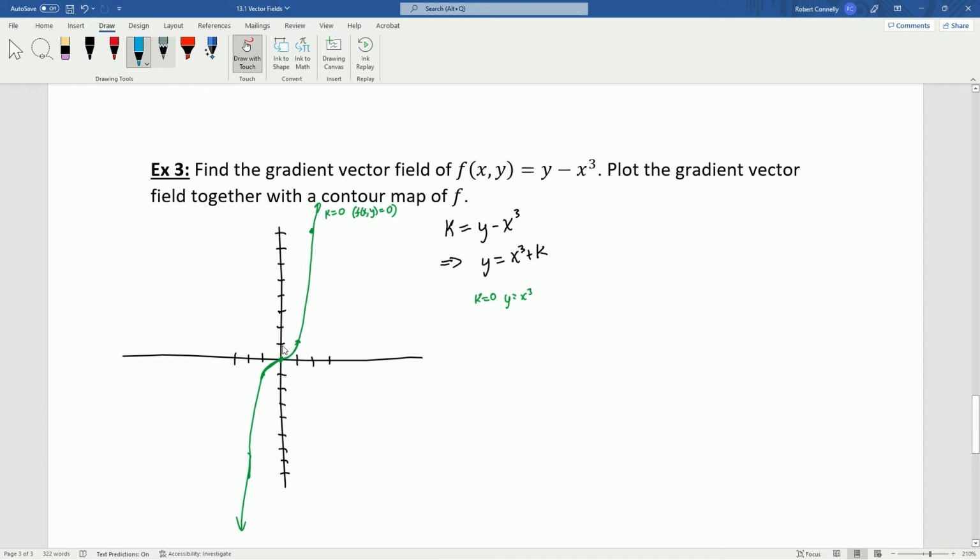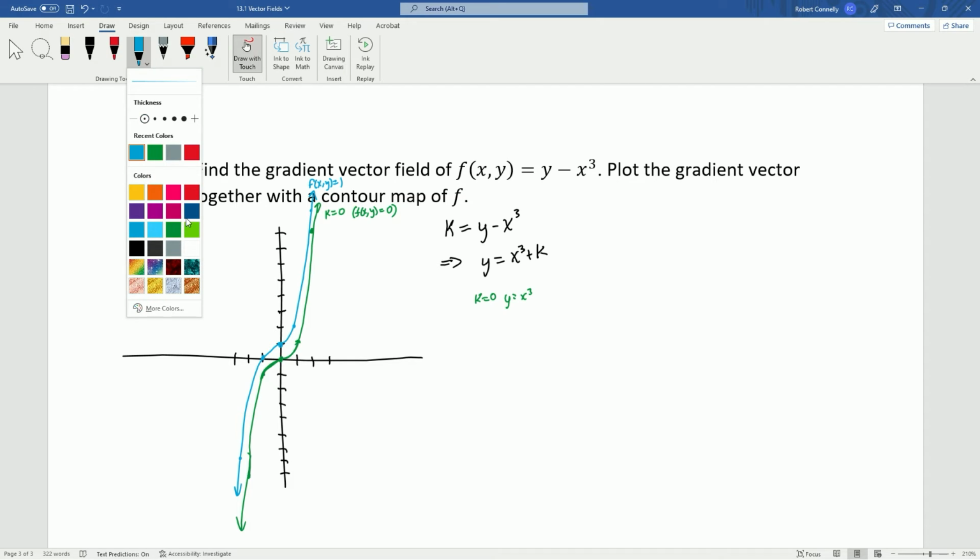And similarly, if I shift this graph up 1, I get that f of x, y equals 1 on this curve.